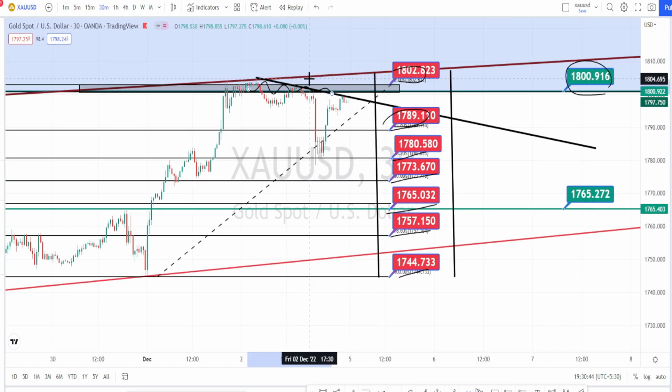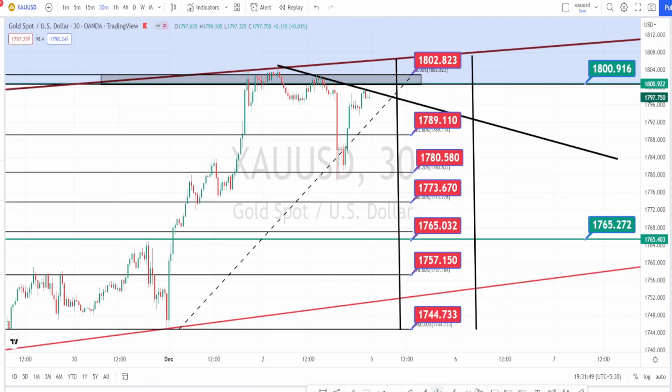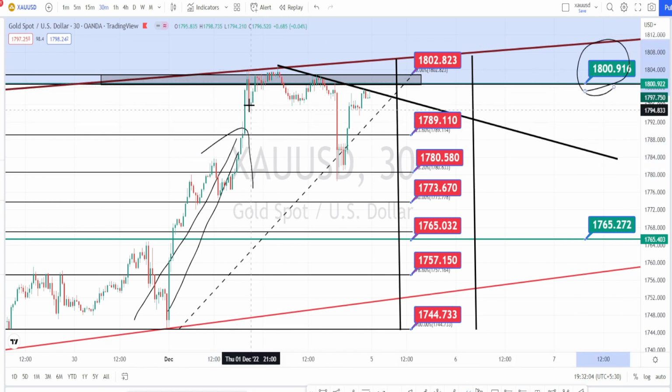And if the price action breaks the resistance line from the hourly time frame, we can expect the bullish side retracement to continue. And please refer the hourly time frame resistance levels. So the conclusion is, from the higher time frame to lower time frame, we are noticing to continue in a bullish side retracement, but after reaching the resistance level of 1800, we have noticed a price action to consolidate.